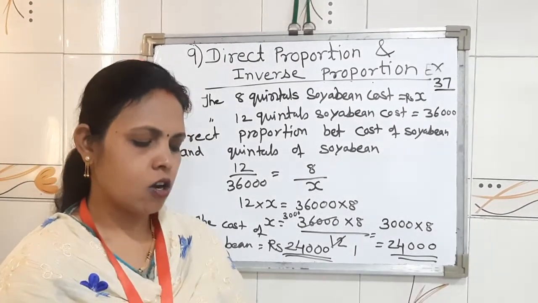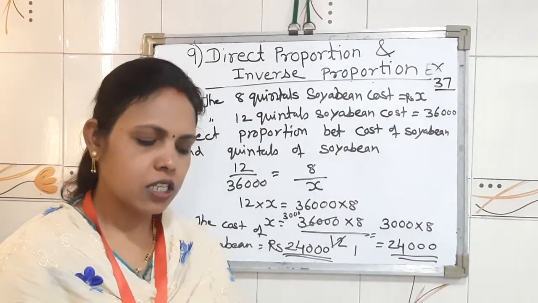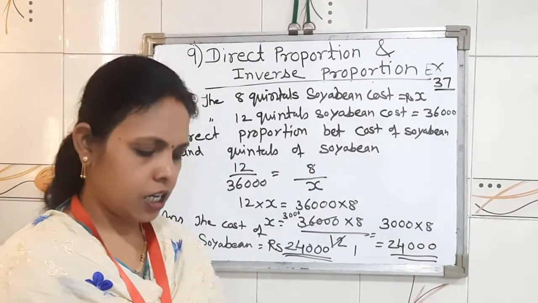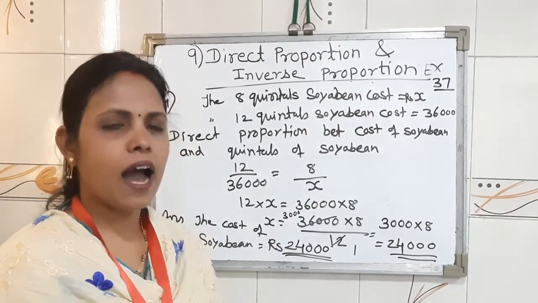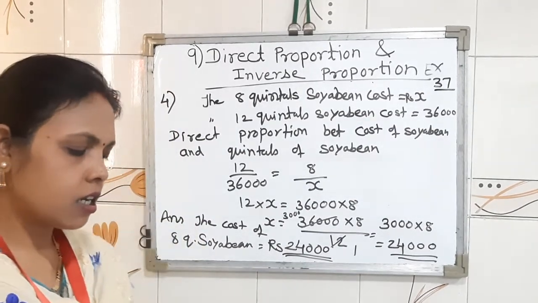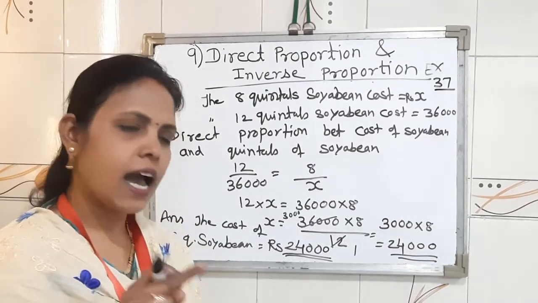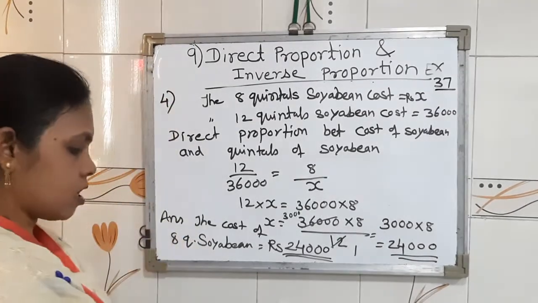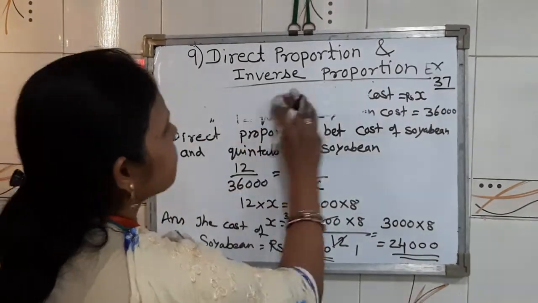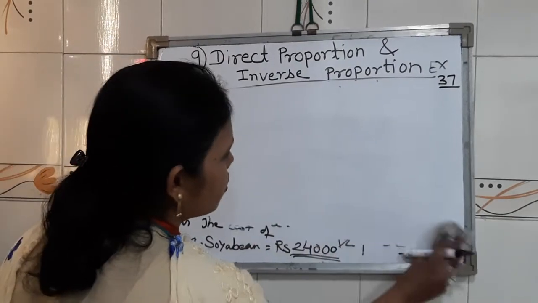The cost of 2 mobiles is 16,000 rupees. How much money will be required to buy 13 such mobiles? So children, here it is also direct proportion between the number of mobiles and the cost of mobiles.